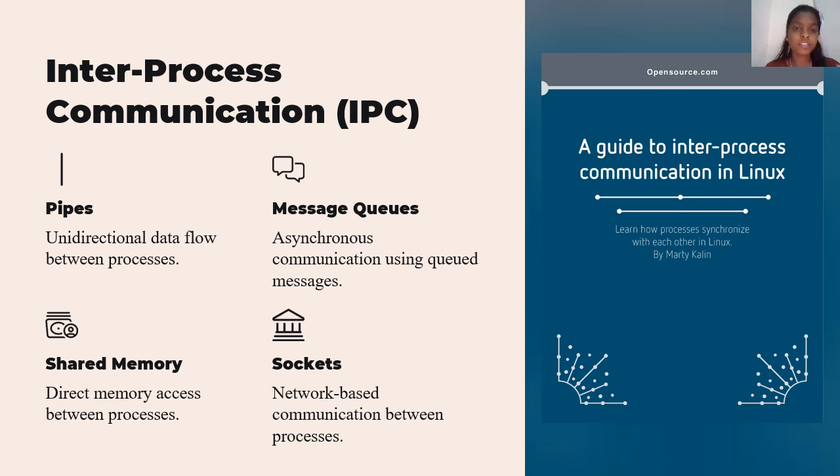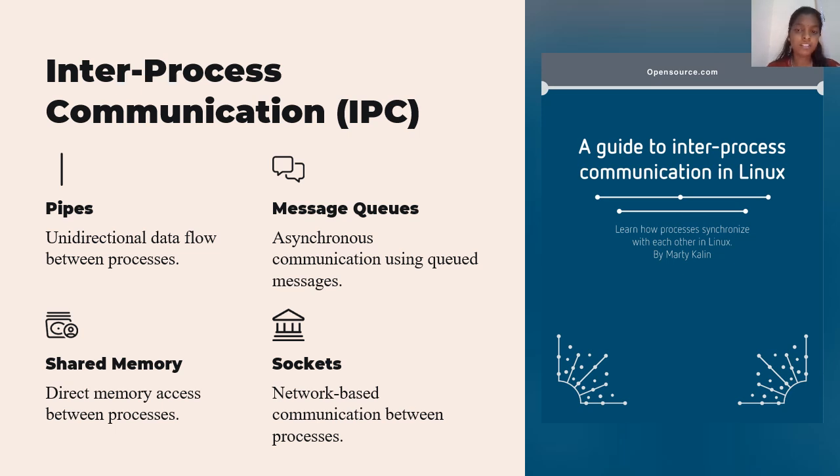Next is inter-process communication, that is IPC. In that, first is pipes, unidirectional data flow between processes. And message queues, that is asynchronous communication using queued messages. And the next is shared memory, direct memory access between processes.